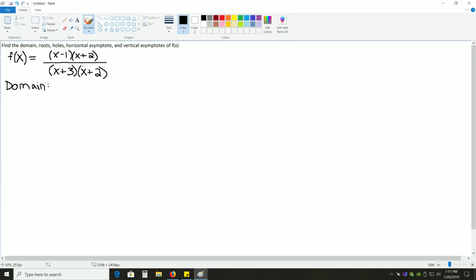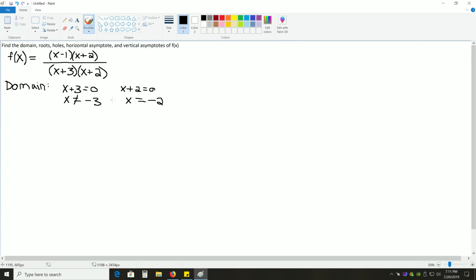So we always start by factoring the denominator, which is already done for us in this case, and then we can set each of those factors equal to 0. When we solve each of them by subtracting 3 and subtracting 2 in each case, respectively, we get x equals negative 3 and x equals negative 2.